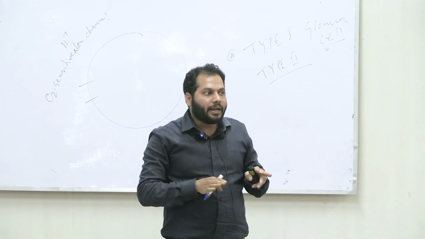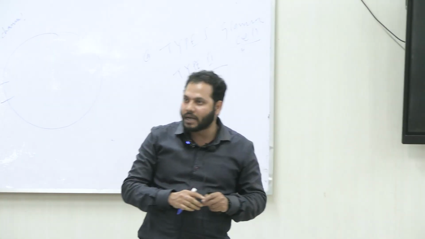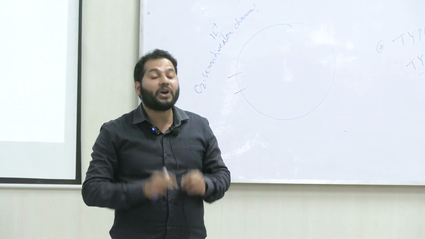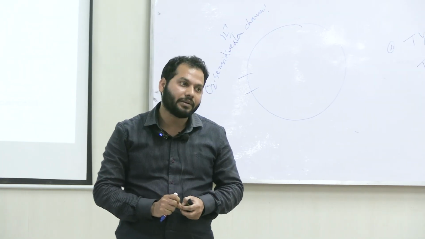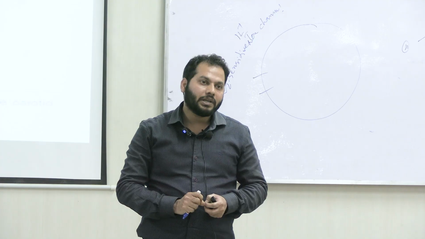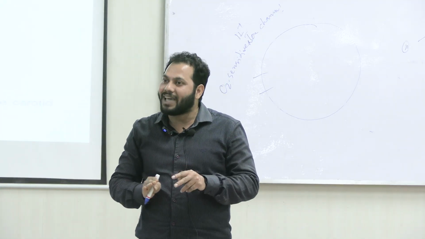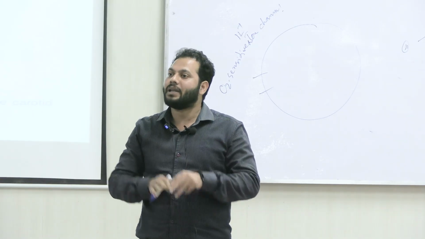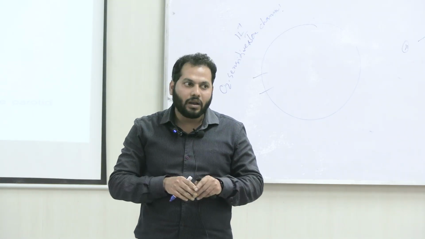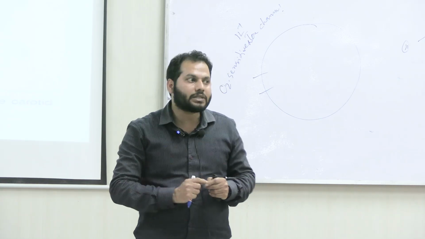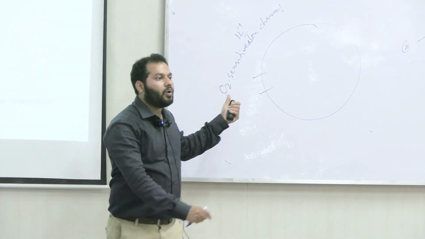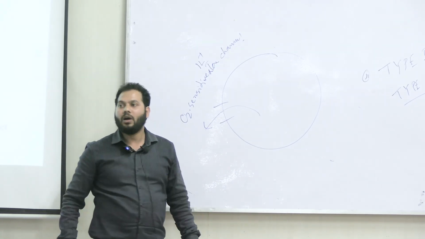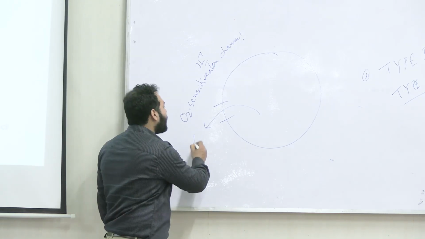But the entry, that is influx, and exit, that is efflux, depends on the partial pressure of oxygen. If the partial pressure of oxygen is under control, if it is at a normal level, in that particular condition, the channel remains open and allows the efflux of more and more potassium ions.